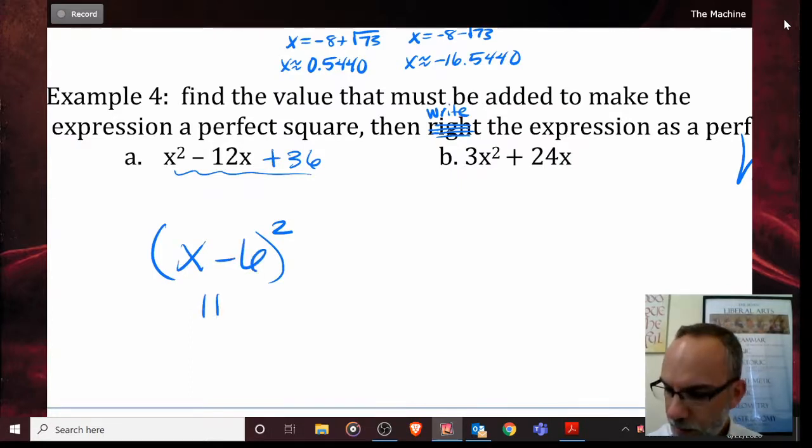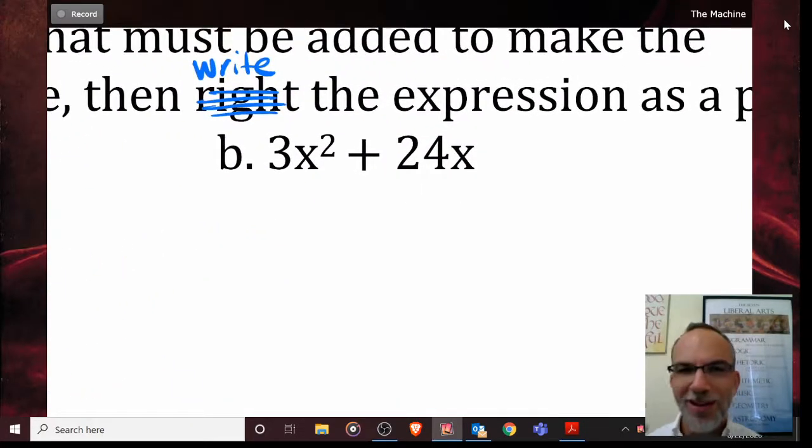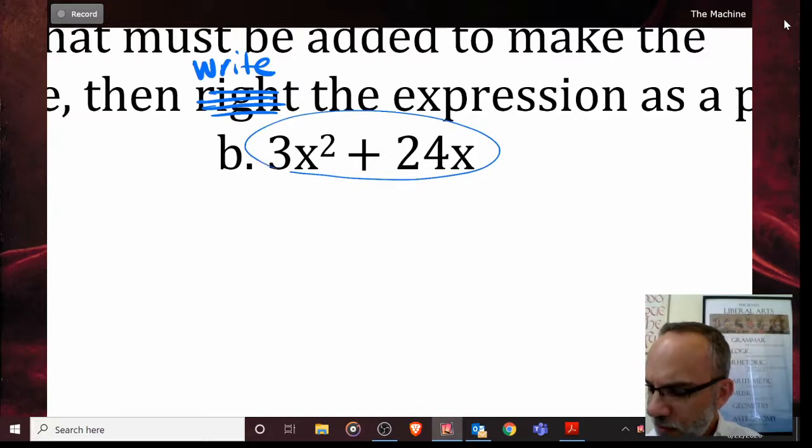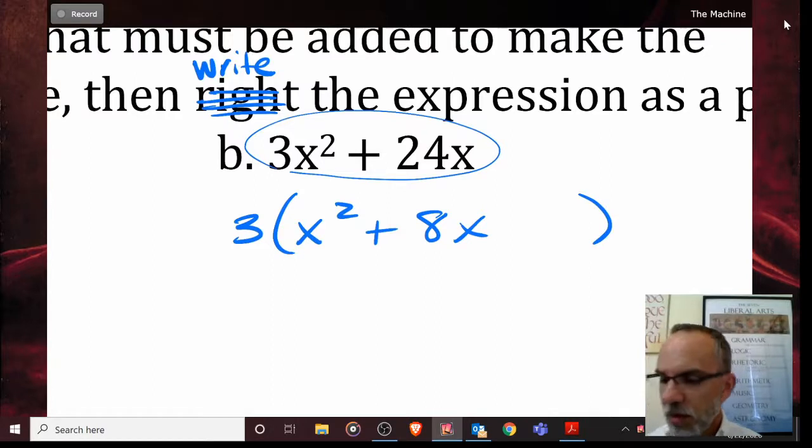There we go. But how do you do it when there's a coefficient other than 1? You have to factor it out. So I'm going to take this first group and factor out just the 3. 3 times x squared plus 8x. Leave some space. Close it. Okay.